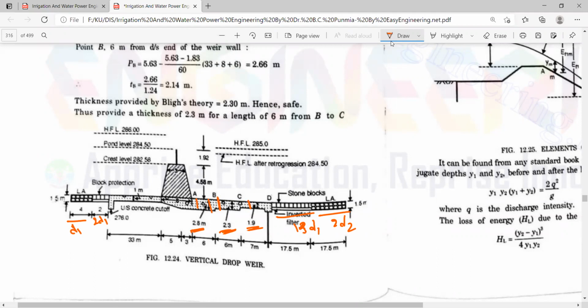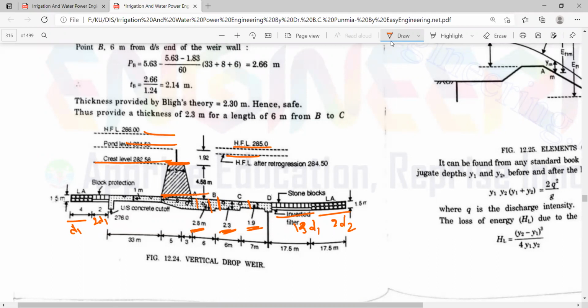I hope you understood this concept. First we calculated all these levels in the first step. After that, we designed the weir wall, calculating its top width and bottom width.